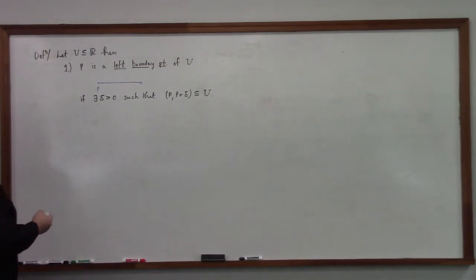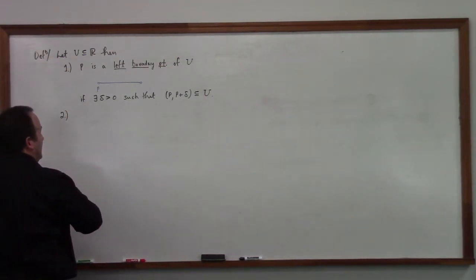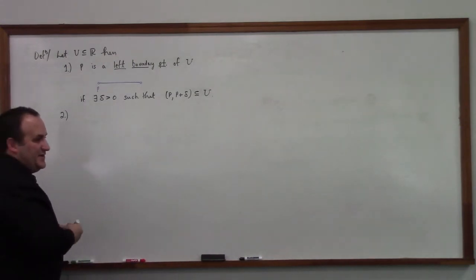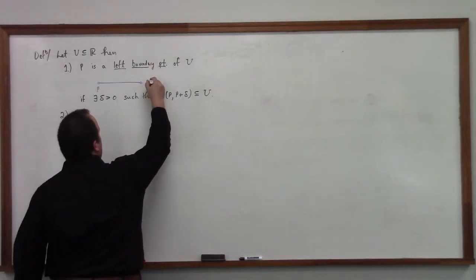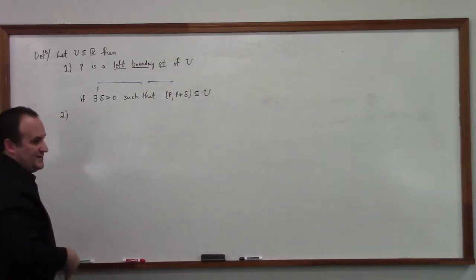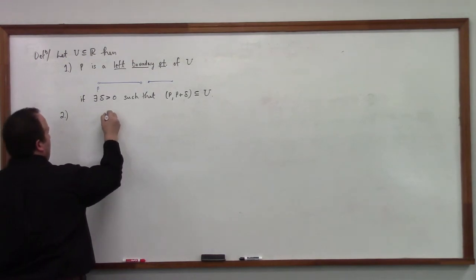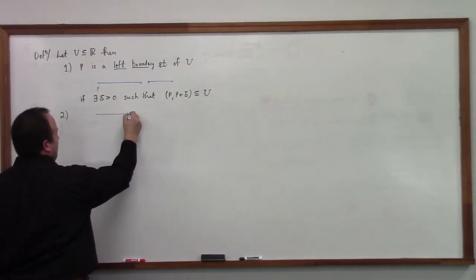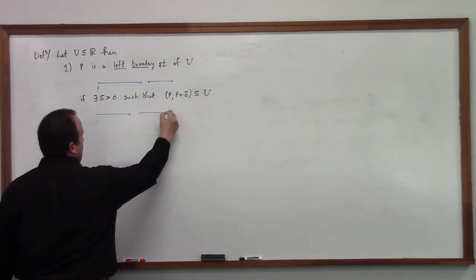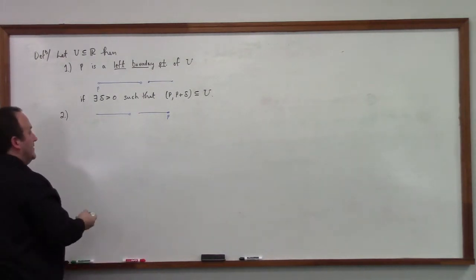And 2, if the picture looked like this, there might be all kinds of other stuff; U doesn't just have to be a finite line segment, it's just a picture. Here's another example. Maybe it looks like this. This could be P. That would be an example of a right boundary point.